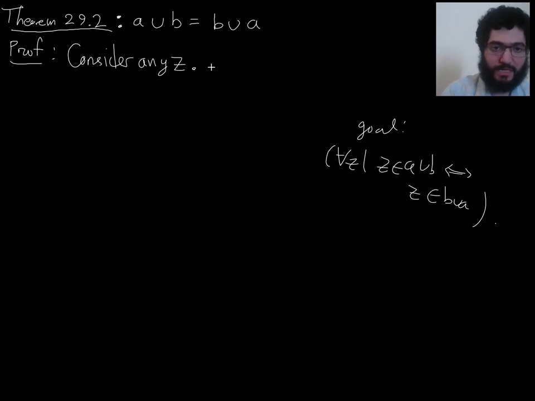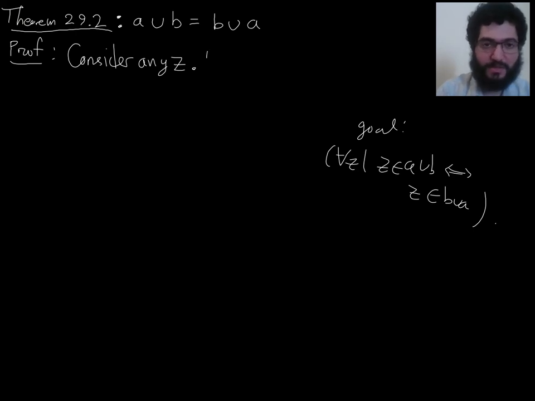So I'm going to say, so how can I prove a double arrow statement without proving both directions? So I'll show you.